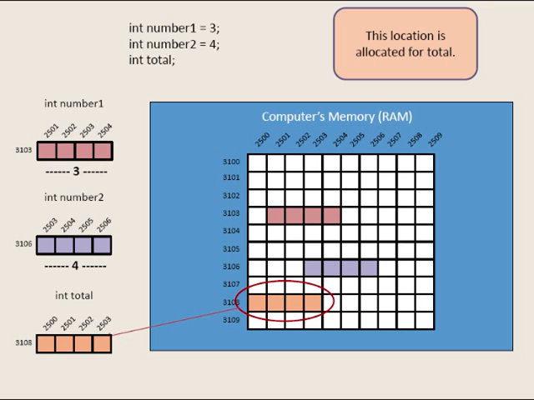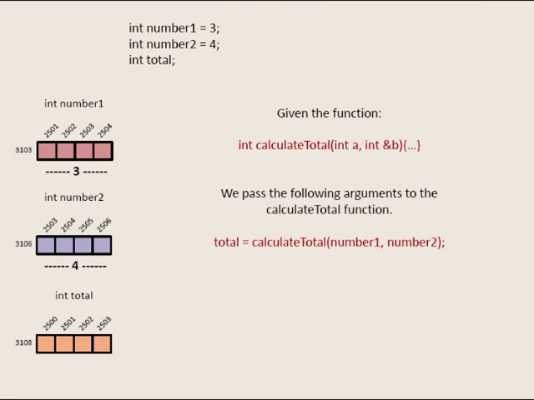This location is allocated for total. Given the function int calculate total, we pass the following arguments to the calculate total function. Total is assigned the value of the calculate total function with the arguments number 1 and number 2.